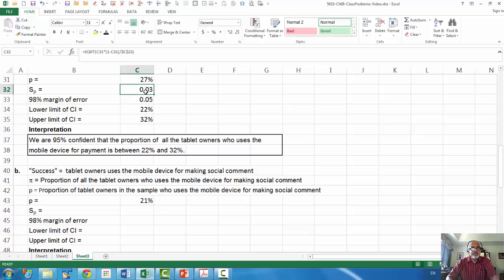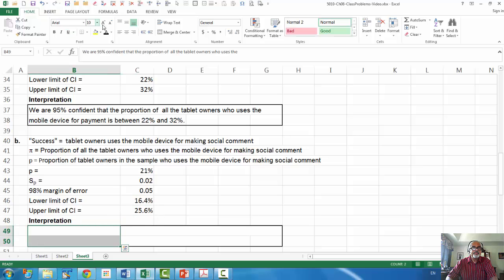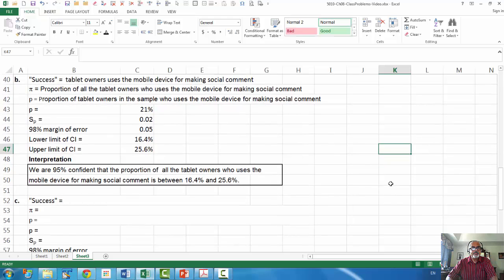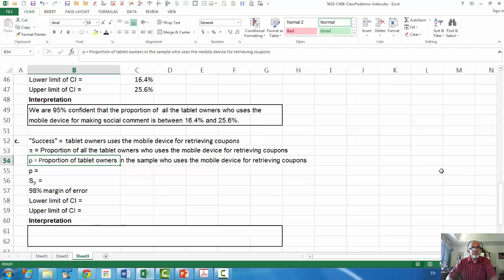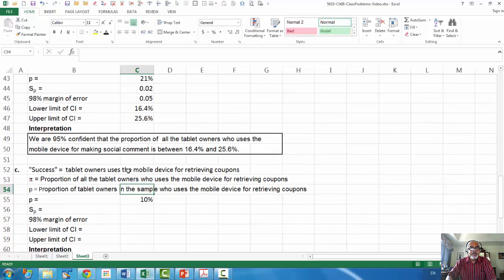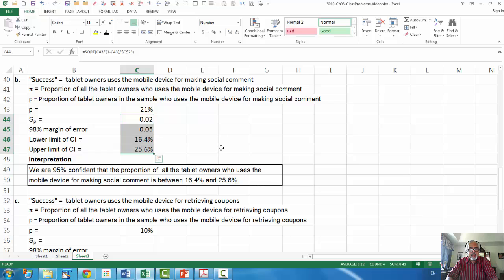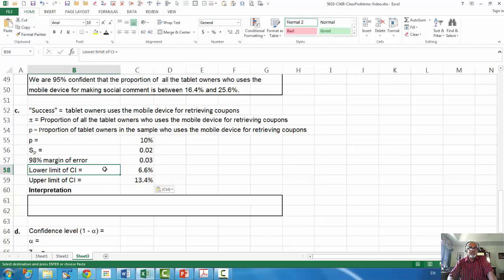The rest of the computation is exactly like A, so we can copy and paste that, and then provide an interpretation, which we have done here. The final one is for coupons. For retrieving coupons, again, pi is the proportion in the population and p is the proportion in the sample. Now p is 10%. We copy the computations here, and you get the interval for the third category.